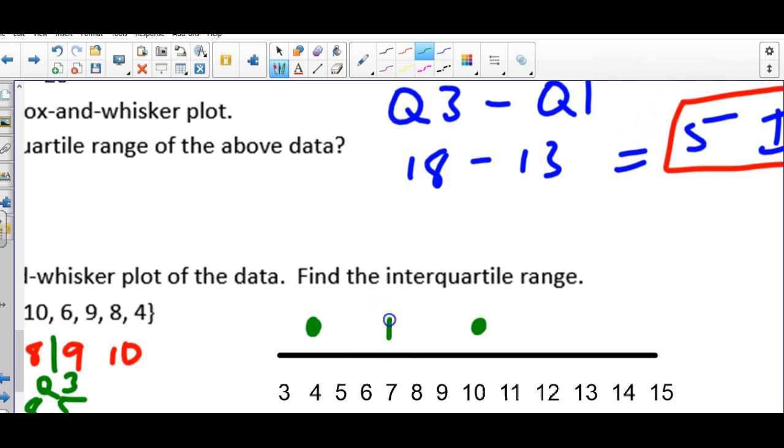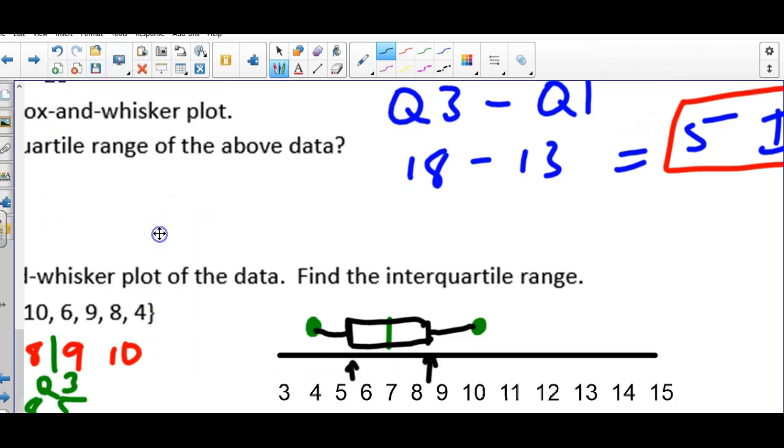Now we just got to fill in the first quartile, 5.5, which is right here, and 8.5, which is right here. So there's our box, and then just connect the dots outside. There's our box and whisker.